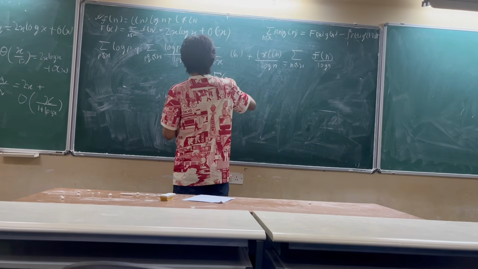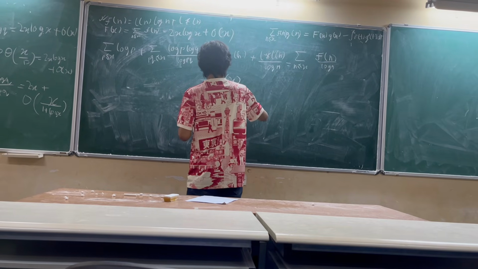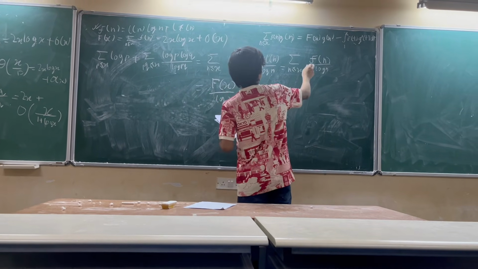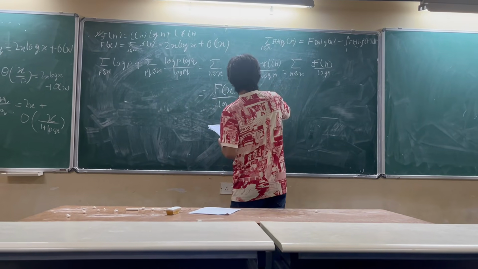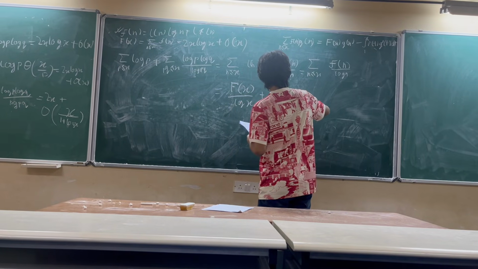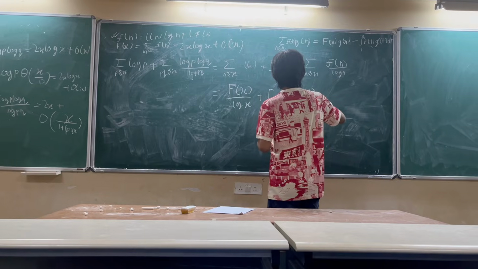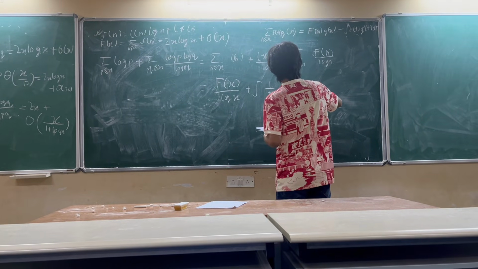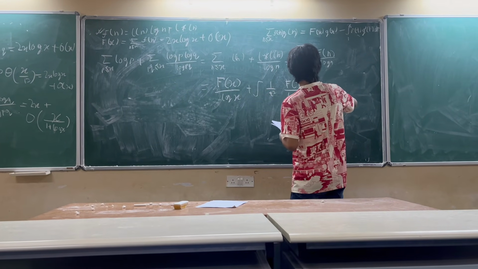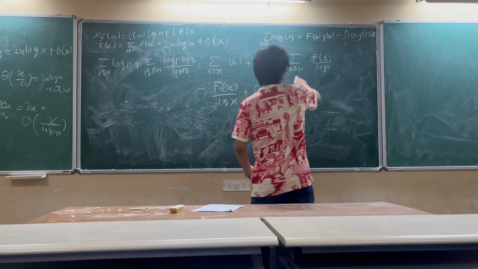So some easy computation gives us log x, and the minus sign vanishes when we take the derivative of 1 by log n. That would give you the integral of capital F of t by t log square t dt. And remember, for 1 this is undefined.